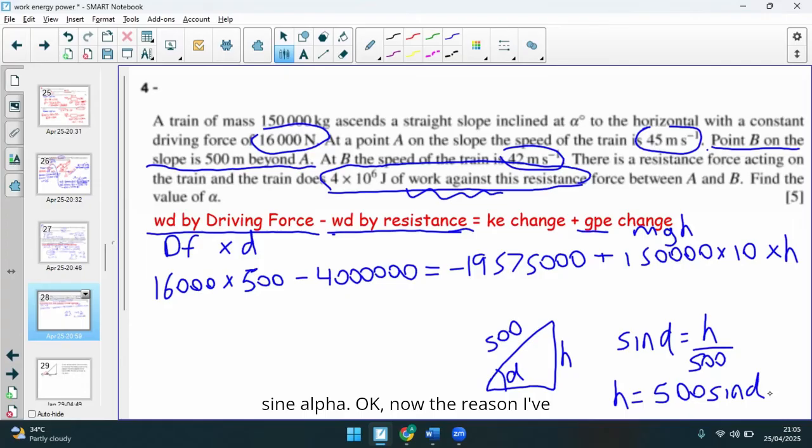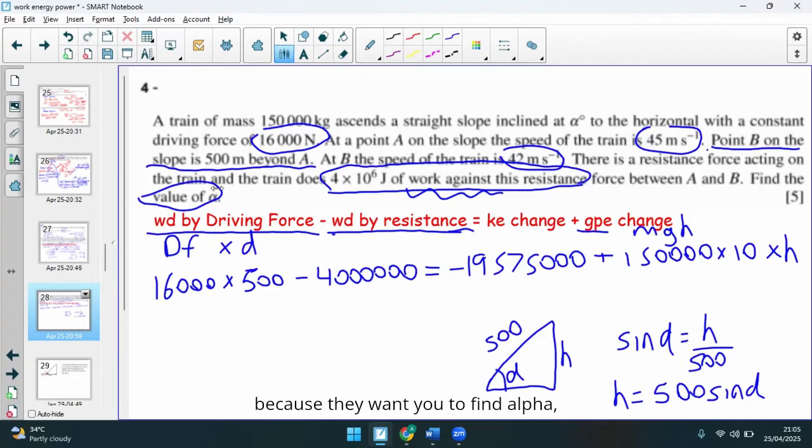sine alpha. Now, the reason I've converted it to this is because they want you to find alpha, the angle. They don't want you to find H. If they wanted you to find H, we could have just used the formula here, rearranged it. We didn't really need this diagram.